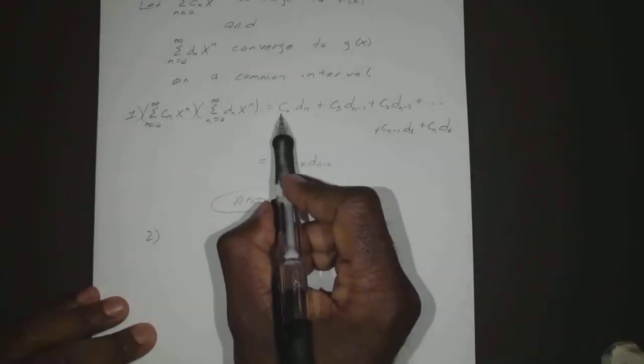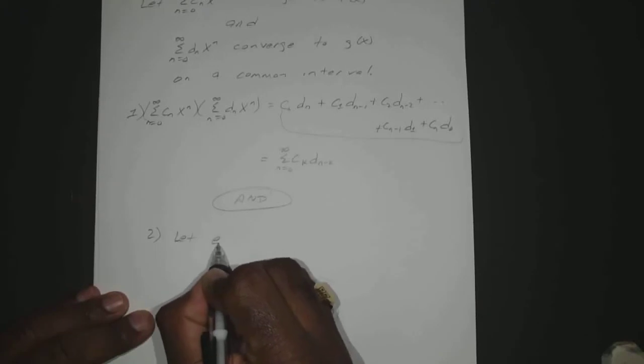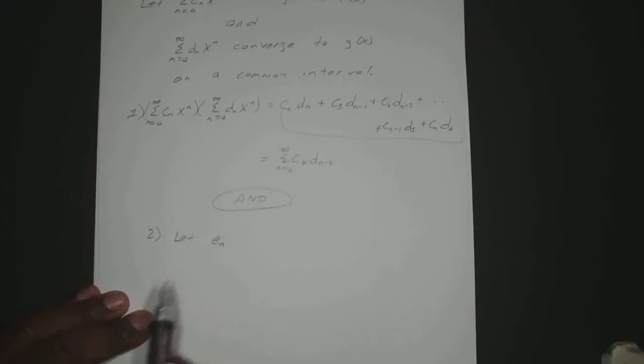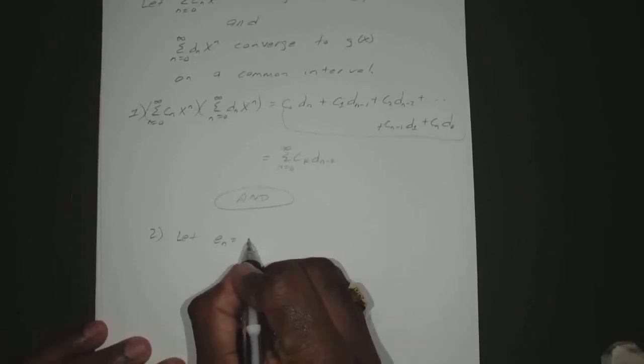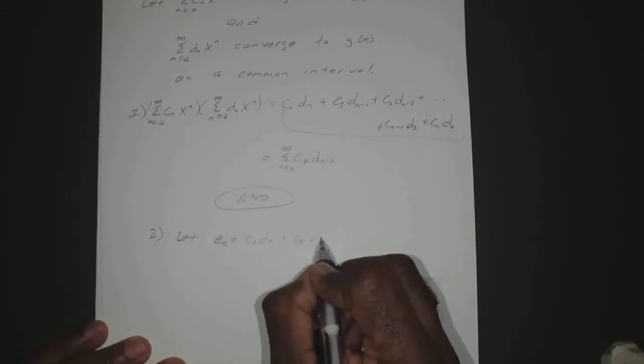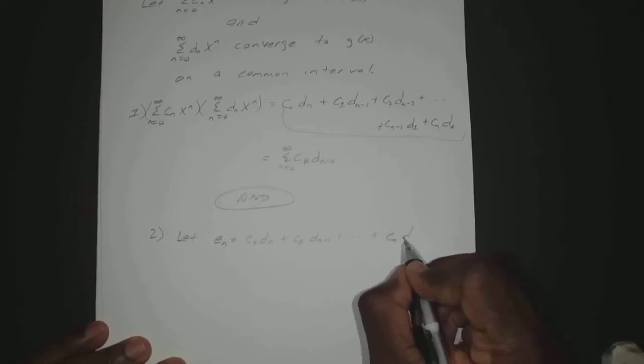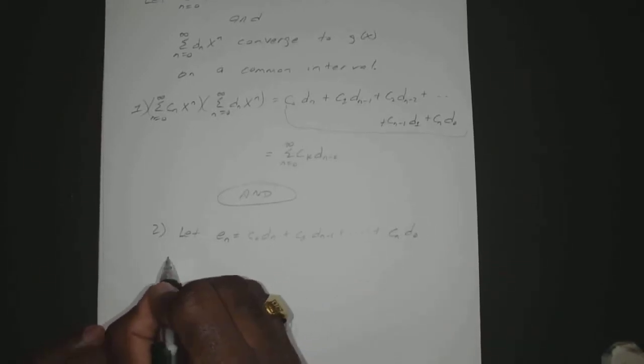Okay, and let's say we let this entire sum equal e sub n, not the 2.718 e, but just a variable e. So c sub 0 d sub n plus c sub 1 d sub n minus 1 all the way to c sub n times d sub 0.